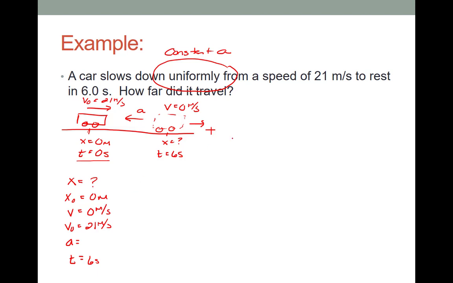And now I'm going to think about my constant acceleration equations where I've simplified down to one dimension and dropped some of the subscripts. Okay. I want to know x.